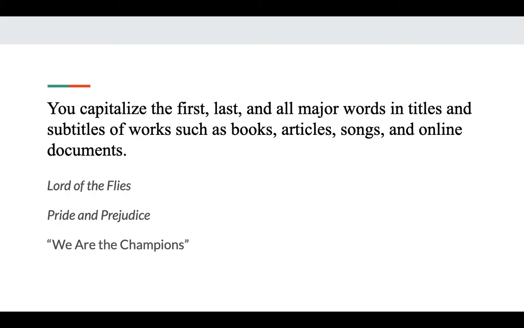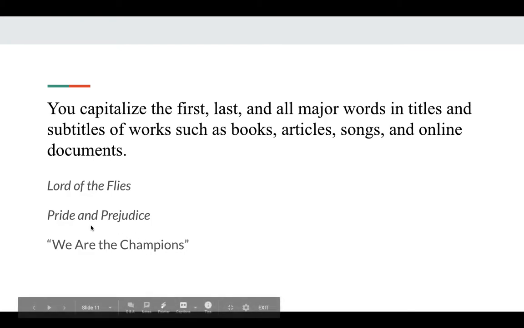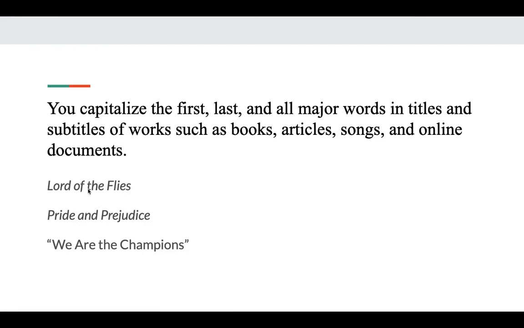Okay, when you deal with titles, capitalization is another issue. You capitalize all major words in a title and subtitle for books, articles, and songs. What is not considered a major word? Prepositions, conjunctions, and articles. Okay?